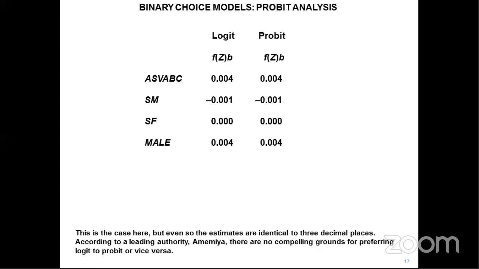As I mentioned when I started introducing this qualitative dependent variable, one leading authority in econometrics, Amemiya, has mentioned that there is no compelling ground for preferring Logit to Probit and vice versa. So you need not worry in practice whether you have used the Logit model or the Probit model, because there is not much difference between their results.